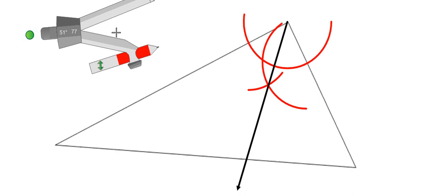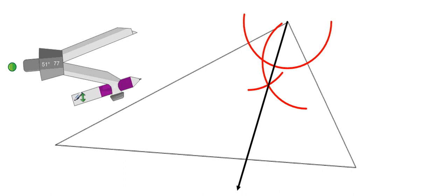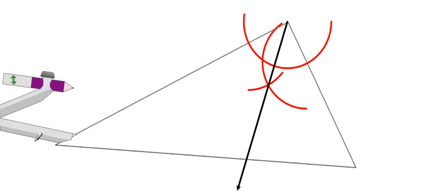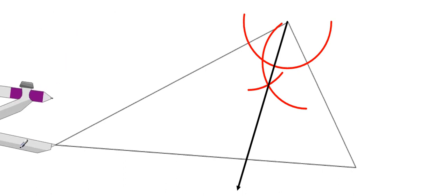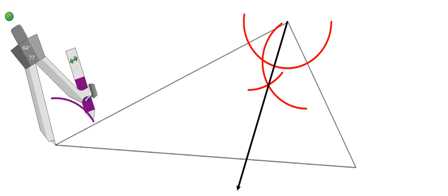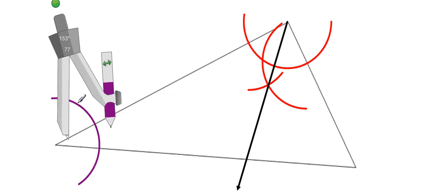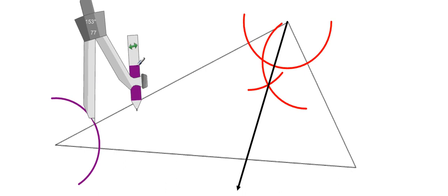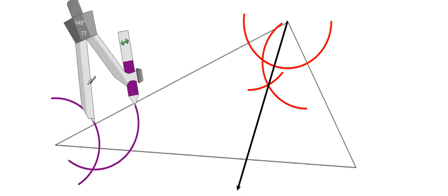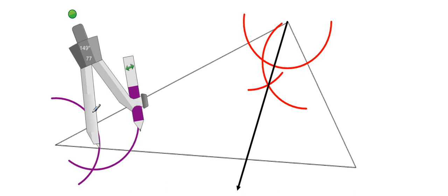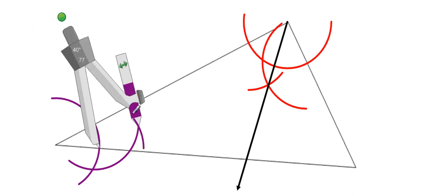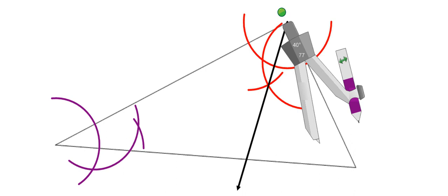So there's my first angle bisector. I'll switch up colors now and go to the purple for this angle on the left. There's my second angle bisector, and I'm going to draw a nice big angle bisector.